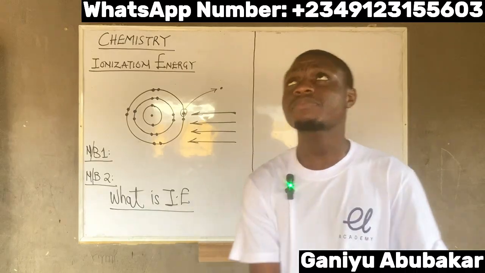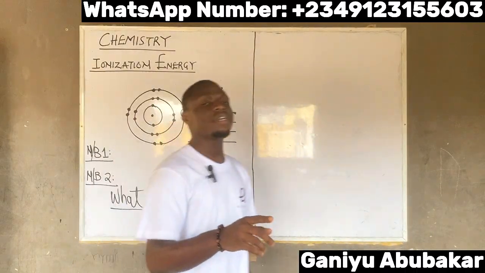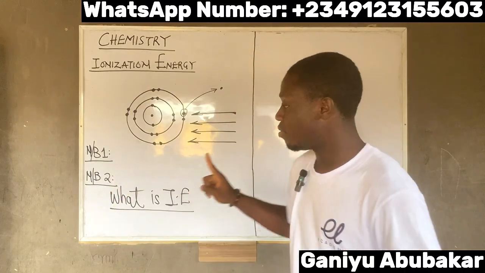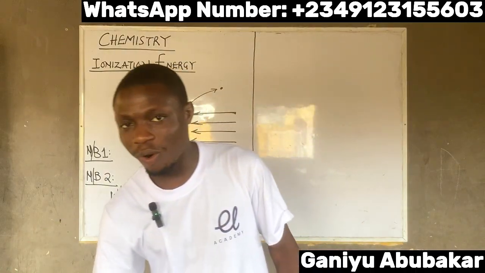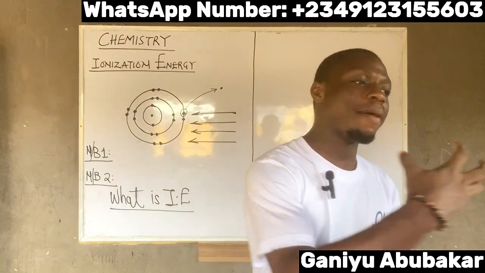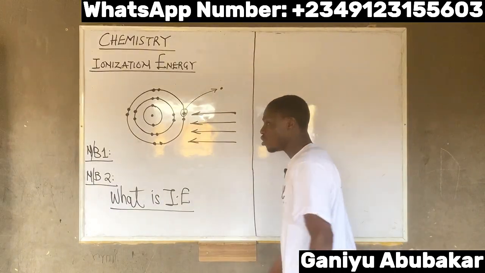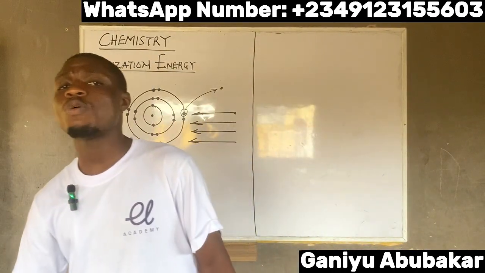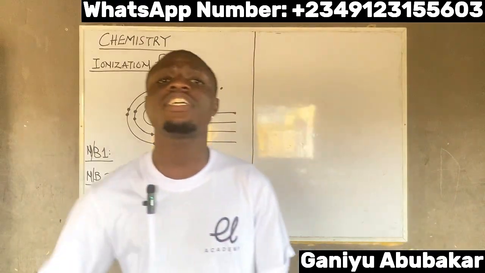What do I mean? Let's explain this properly. I said IE is the amount of energy required to remove an electron from a neutral atom or an ion in its gaseous state.